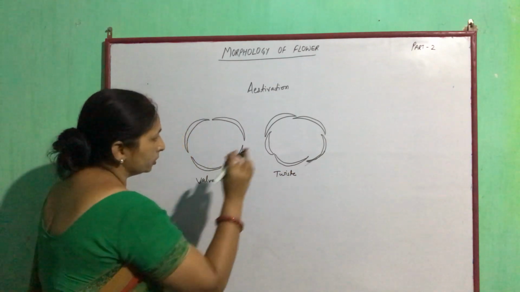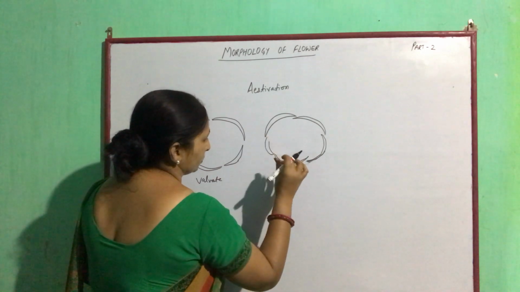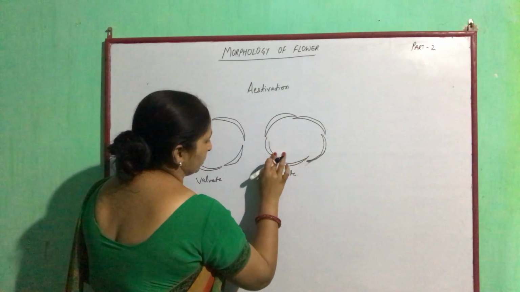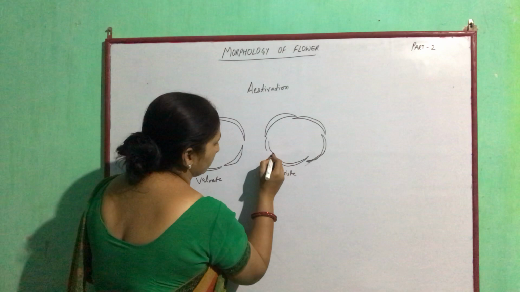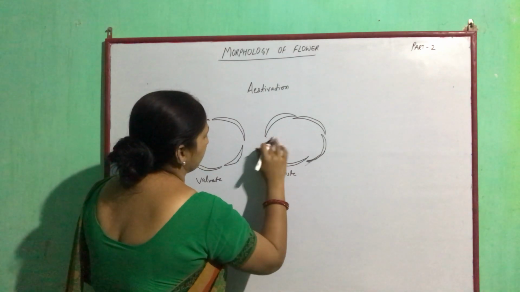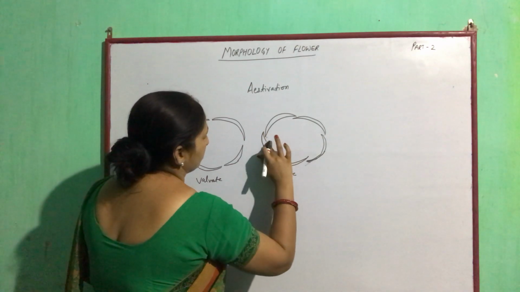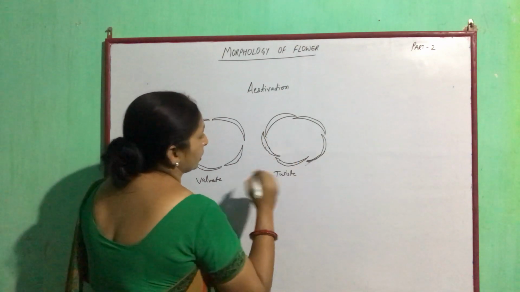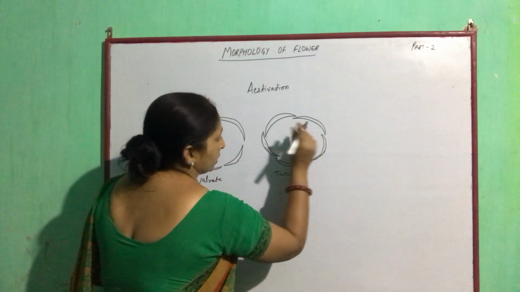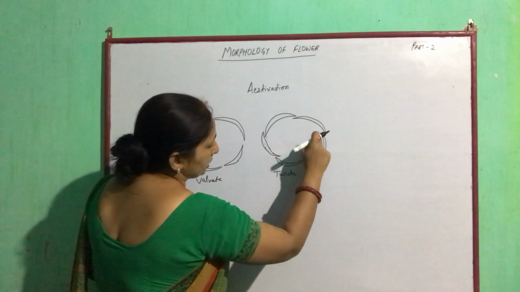Here, if you can see this one, this is outside, this is inside and this one outside. So here, this end, one inside, one outside, one inside, outside.